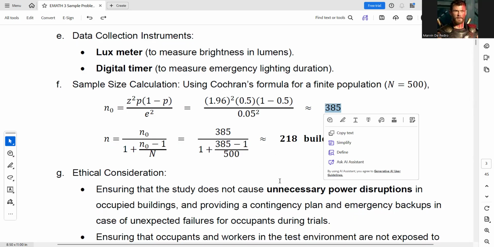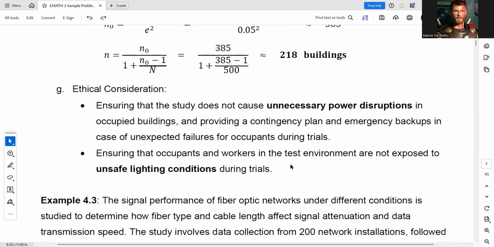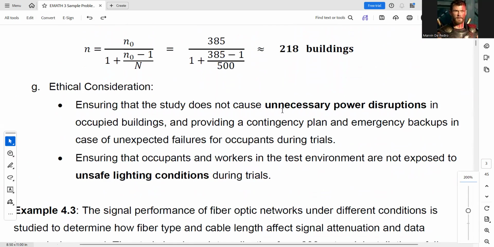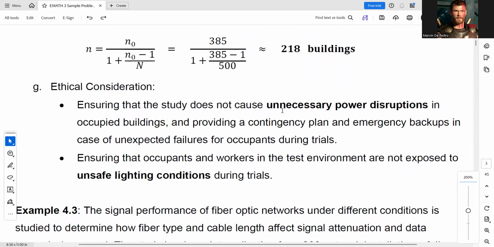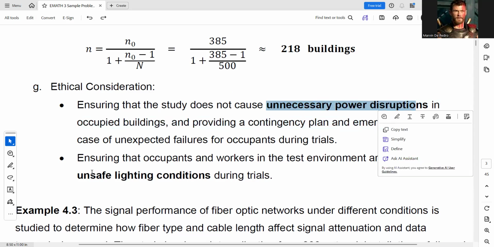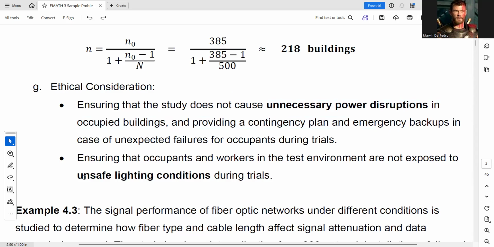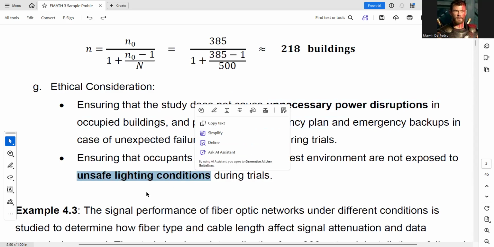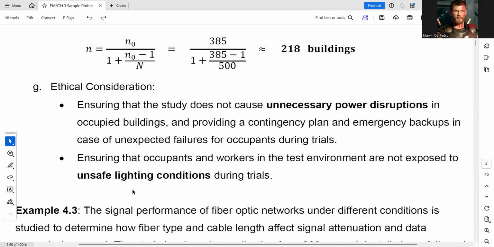Okay, so you can read the ethical considerations, like if there are tenants or occupants in the buildings, we should not cause unnecessary power disruptions, especially if they involve unsafe lighting conditions like rapid flashing of lights, which could be a hazard to some workers in the buildings that we experiment on.